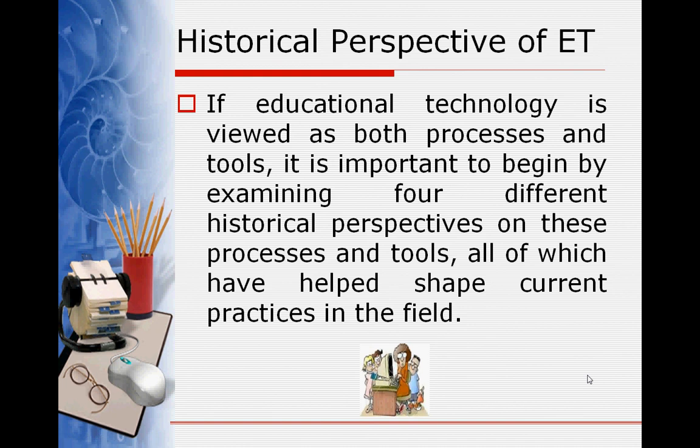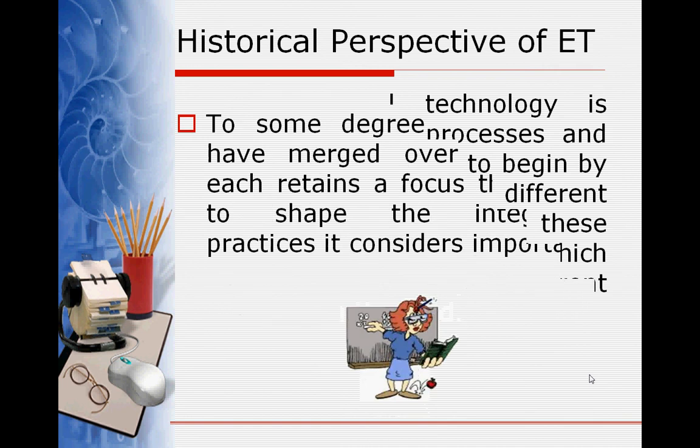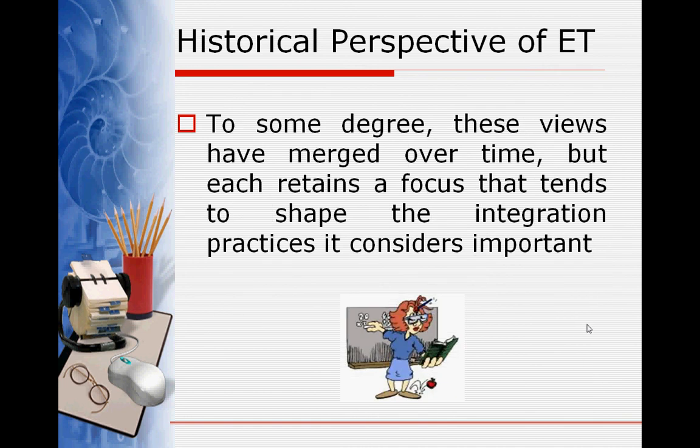Thus, we have arrived at the four different historical perspectives on the processes and tools, all of which have helped shape current practices in the field. So, here's presenting the historical perspectives.